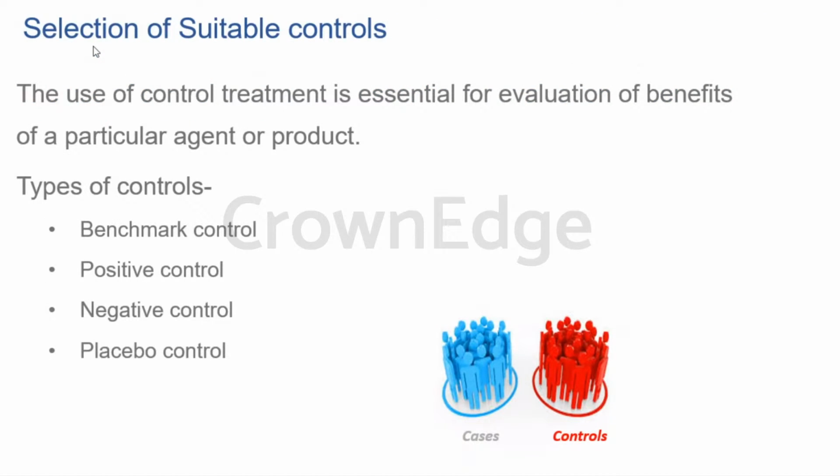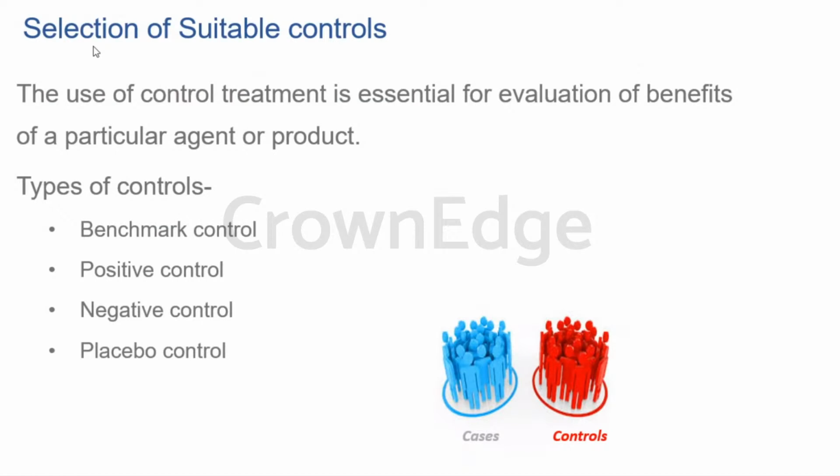Then once you select the experimental population or study population, you are going to select suitable controls. Okay, controls are the people, or control population is that population that is not getting exposed to your intervention under study. Like for example I said, people who are anemic.